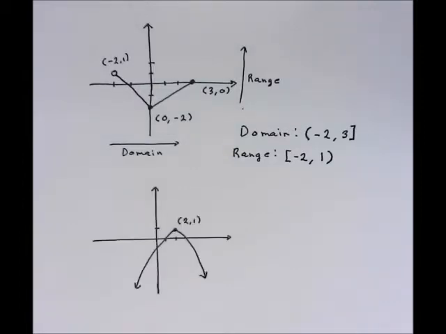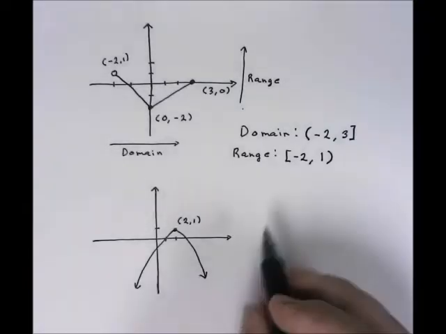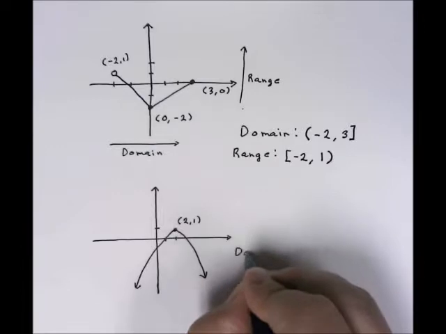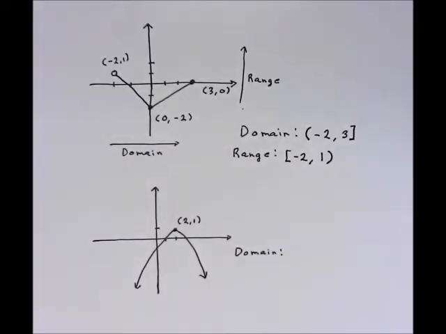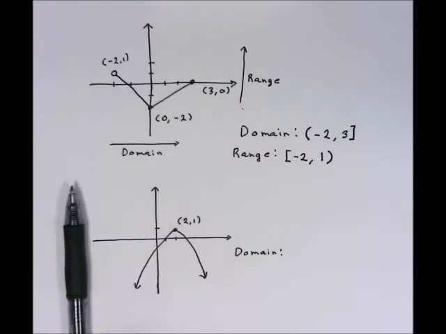Now let's try the same thing with a parabola with a vertex at 2, 1 opening downward. We'll start with the domain. And remember, the domain is the x values going left to right. So I bring my imaginary line in, but remember what that little arrow means.